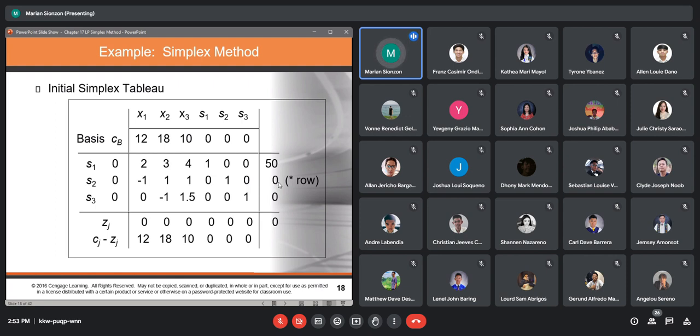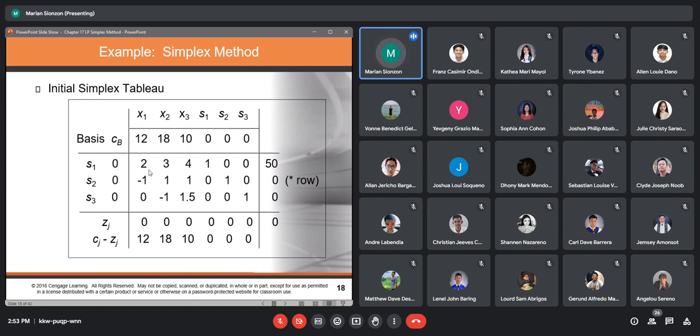The next problem will now be the first row and the last row. What are you going to do? We have to make this equal to 0. How do we make this equal to 0? Murag process of elimination when you have systems of equations.